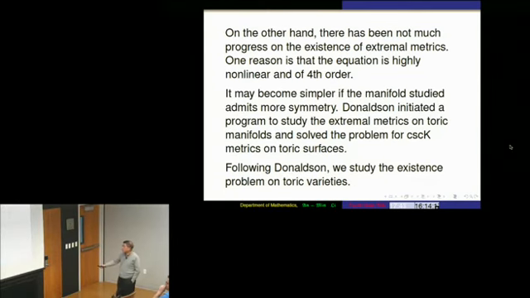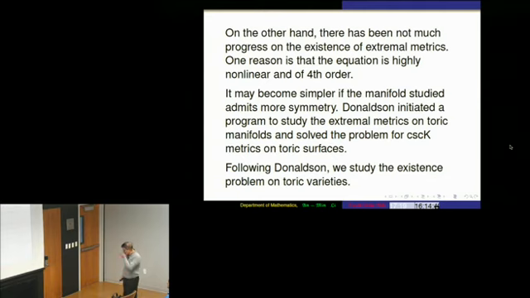It may become simpler if the manifold admits more symmetry. Donaldson initiated a program to study the extremal metric on toric manifolds and solved the problem of constant scalar curvature for toric surfaces.